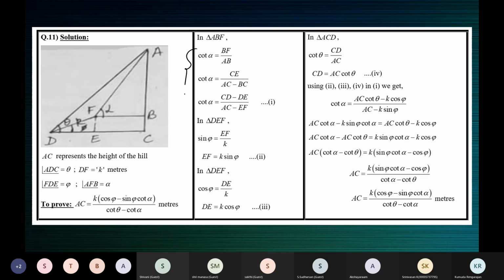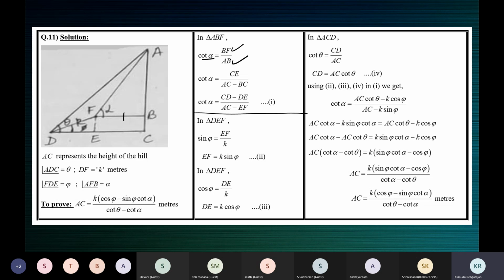Have a look till here. Start with this triangle and have a look. So I repeat, cot alpha is adjacent BF by opposite AB.